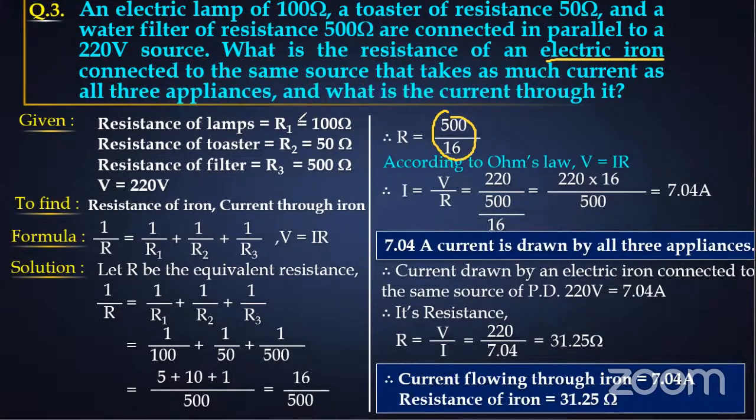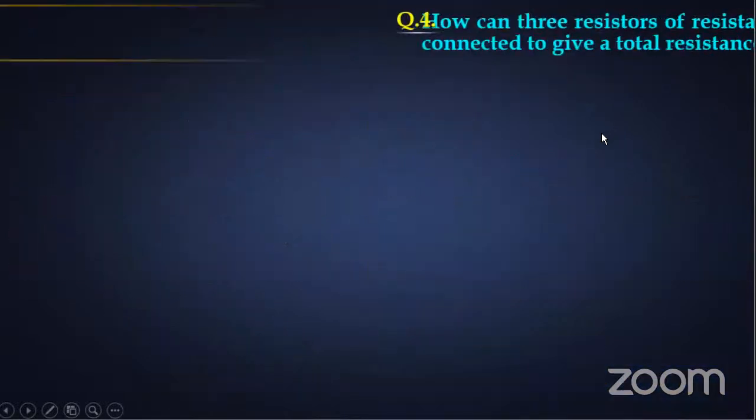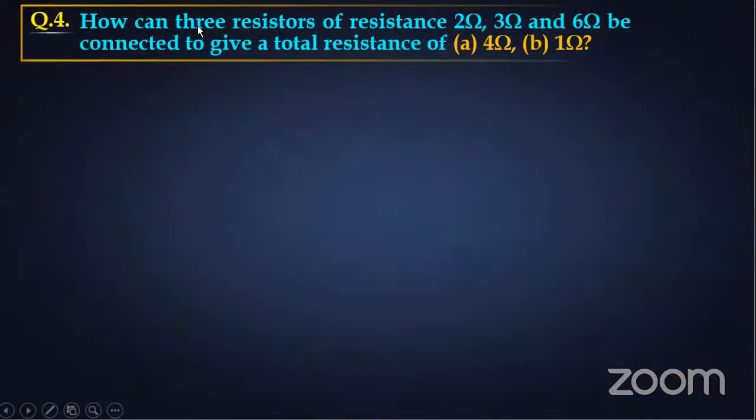Let me move to the next question. How can three resistors of resistance 2 ohms, 3 ohms and 6 ohms be connected to give a total resistance of 4 ohms? Please connect these three resistors so that they give 4 ohms as the equivalent resistance.